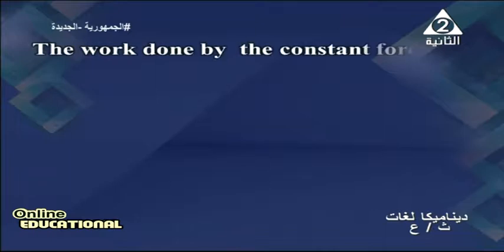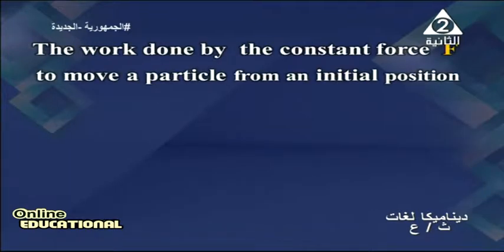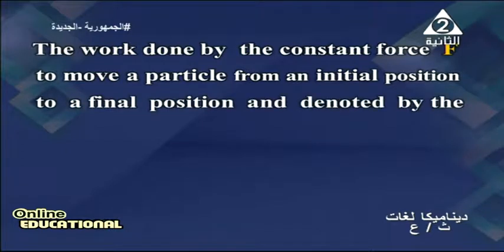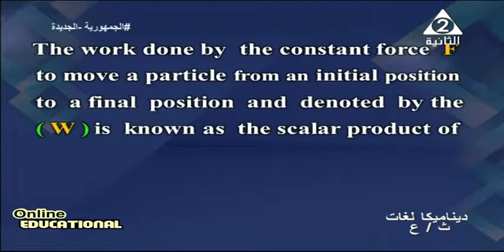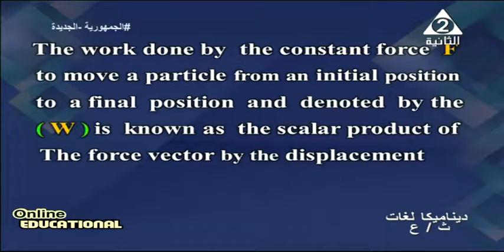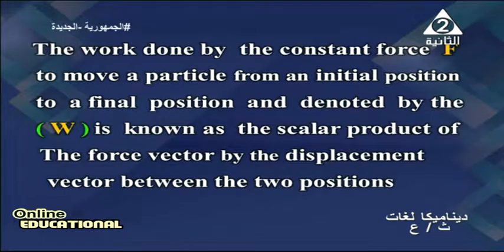The work done by the constant force F to move a particle from an initial position to a final position, denoted by the symbol W, is known as the scalar product of the force vector by the displacement vector between the two positions.